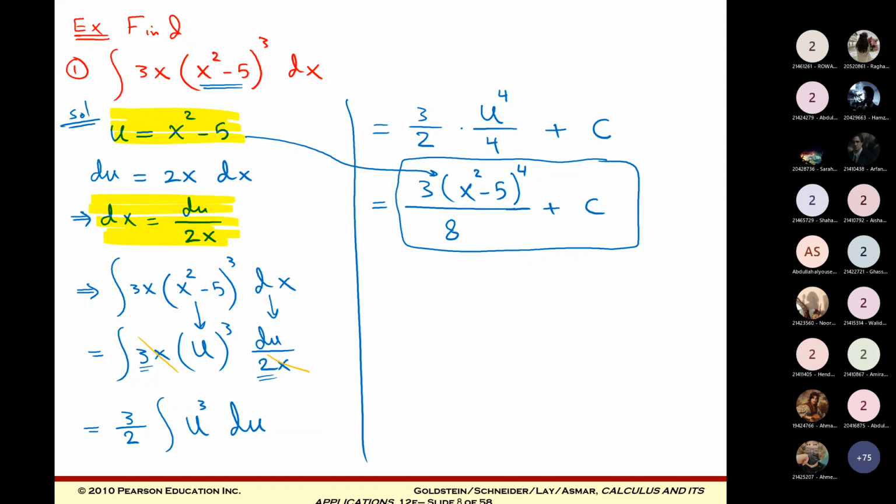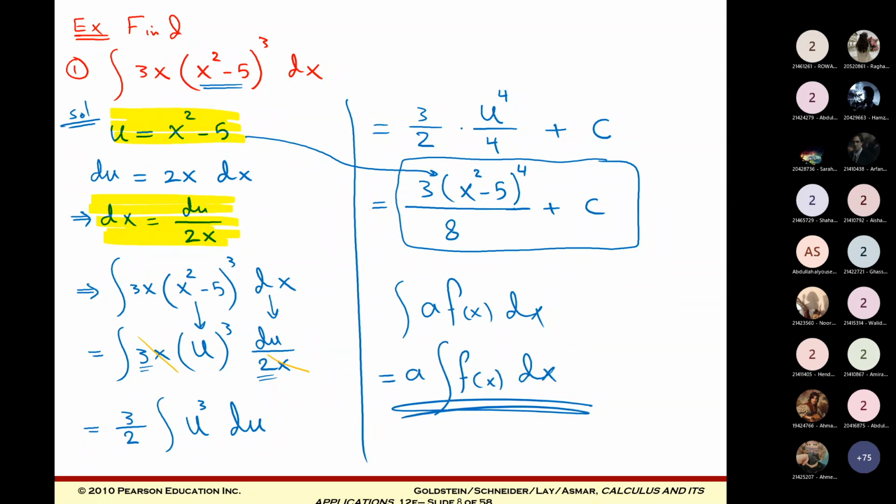Why did we put the 3 over 2 outside? We can put it inside or outside. This is one of the rules: if we have a times f of x dx, we can put the constant a outside the integral. We already gave this in the first lecture on integration.